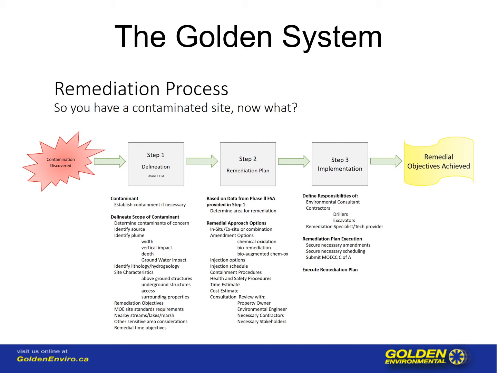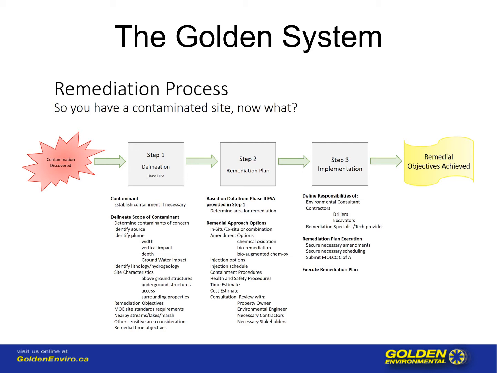We look at containment procedures. How do we contain the contaminant as well as the oxidant going into the soil during the injection process? We then look at health and safety procedures. Okay, what do we need on site? How do we keep people safe? What are the MSDS sheets, the safety requirements of each amendment?